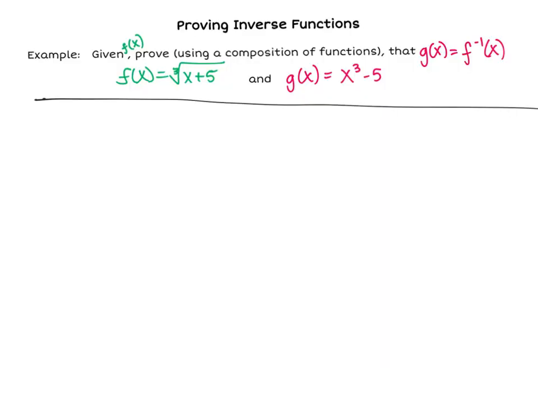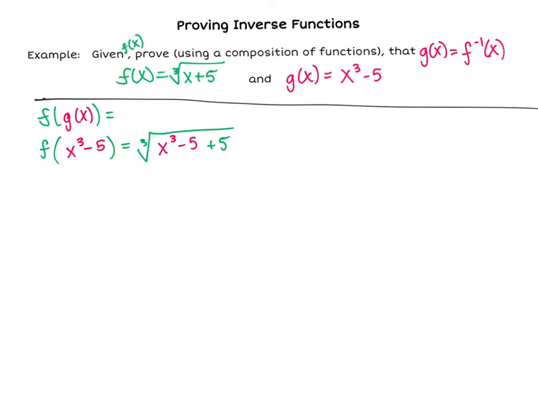So looking at this example, let's prove that f of x and g of x are inverses of each other by plugging in g of x into f of x and f of x into g of x, and showing if they are both equal to x, then they would be inverses of each other. So first I'm going to find f of g of x, and all I did was replace this x value with g of x, which is x minus 3.